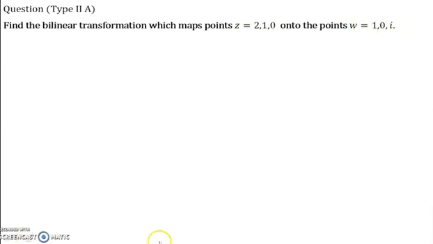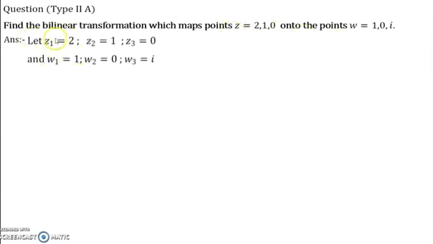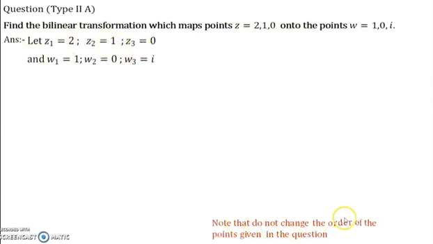So now we take the Z points as Z1, Z2, Z3, as well as the W points as W1, W2, W3. One thing is very important, note that you do not change the order of the points given in the question, which means whatever order they are given, you must take that order only for Z1, Z2, Z3 as well as W1, W2, W3.